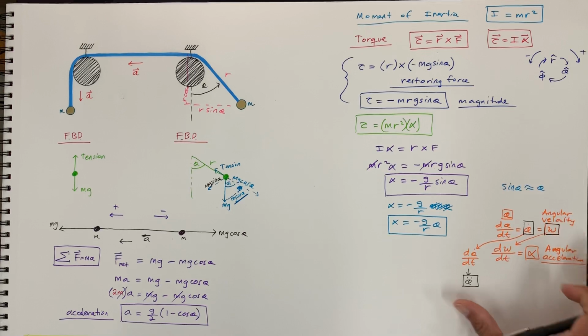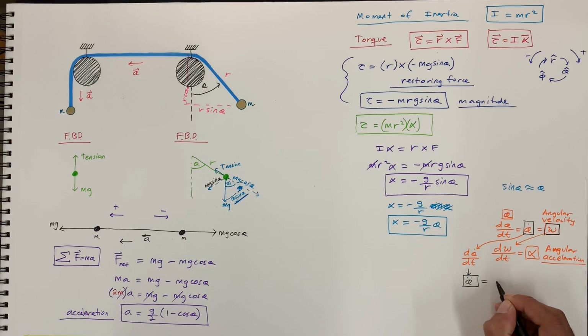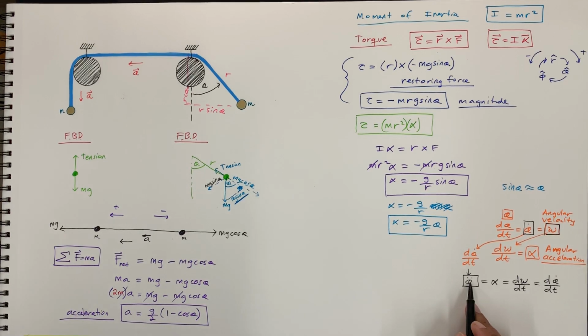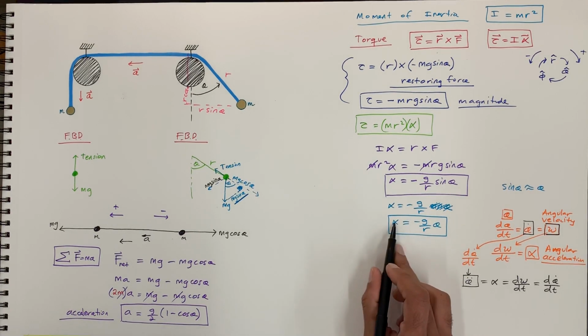If not, rewind and try to understand this piece. But this notation here is the same thing as alpha, the same thing as taking the derivative of omega with respect to t, and the same thing as taking the derivative of theta dot with respect to t. So we're going to use this notation and replace it with alpha.